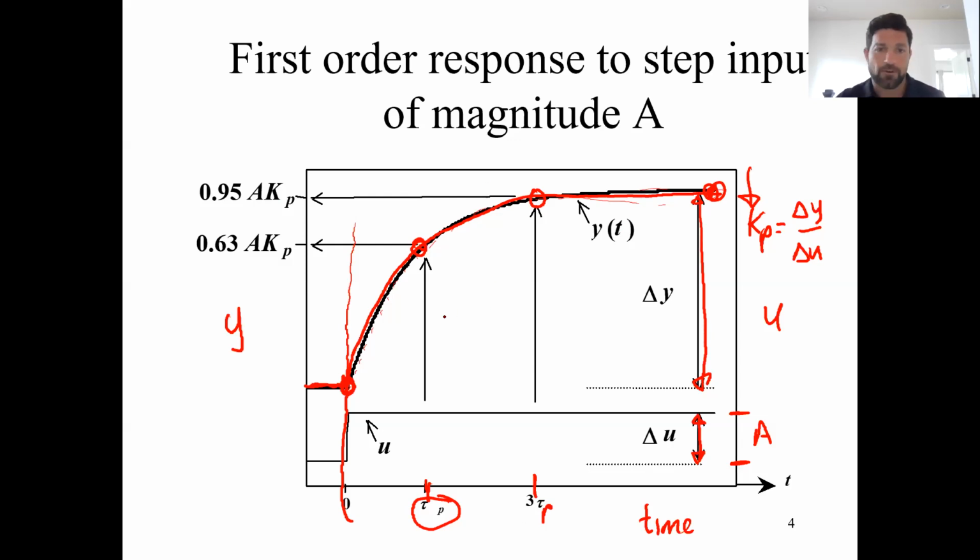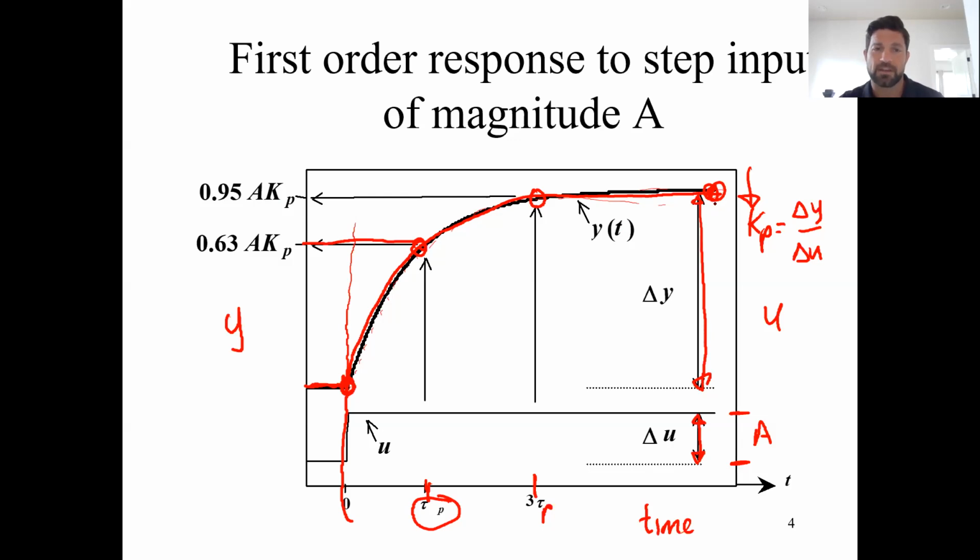For a first order process, the value of your function at 1 tau is going to be about 63% of the total change.